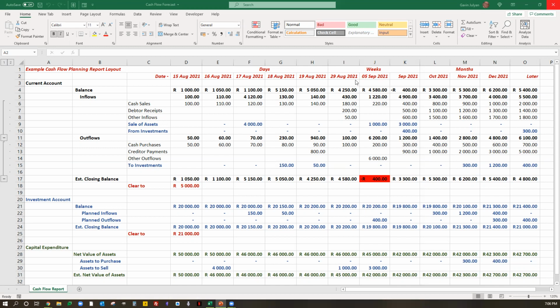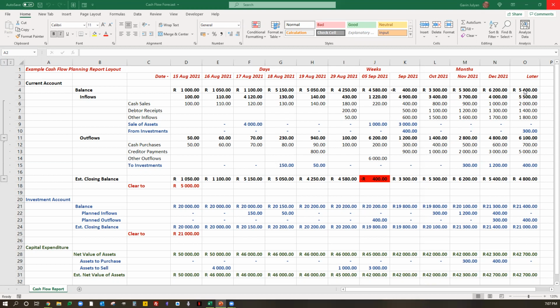Then the weeks, we've got 3 of those, which is next week, the week after that, and the week after that. And then that takes us a month from today. And then we have months, and we've got 3 months there, October, November, December, and then just a column for catch-all for anything that happens after December.